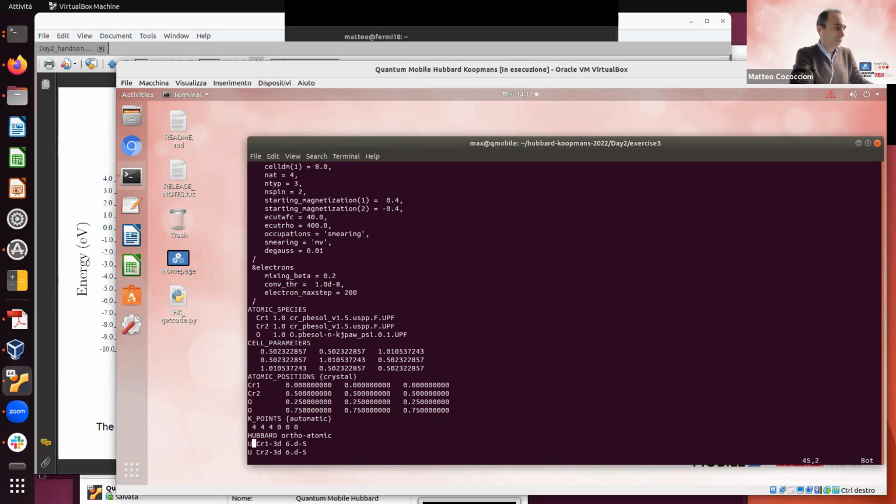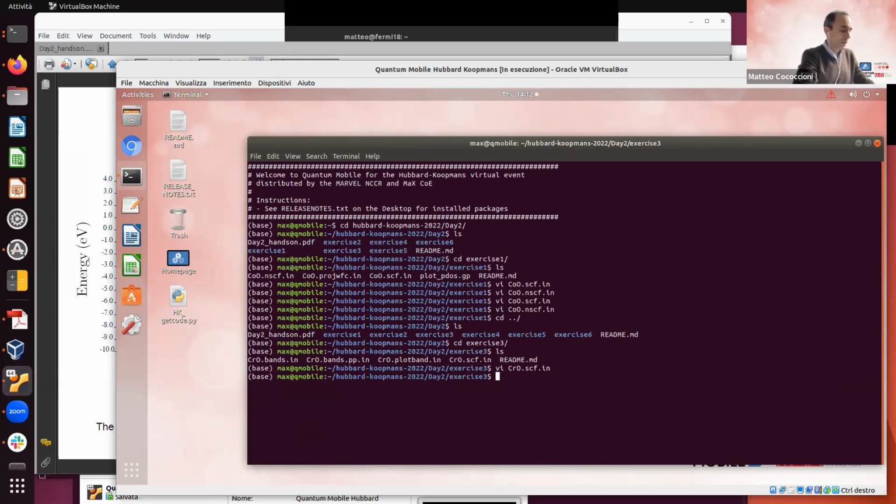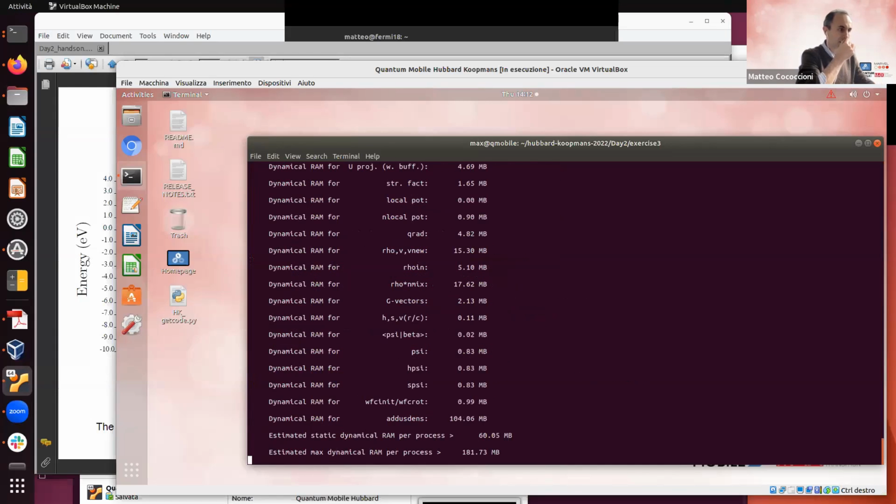And we add this Hubbard card here with almost 0 Hubbard U, just to have the code print the occupation numbers, because we want to see how they look. So if we do this, the code starts.